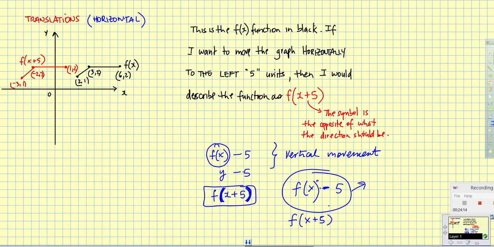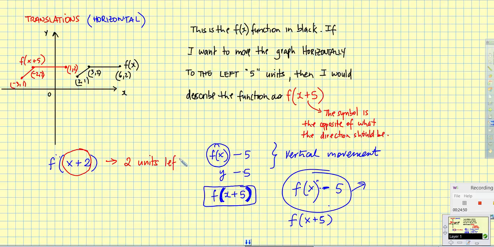So if I had, for example, f of x plus 2, that means that because the 2 is inside the x, and it's affecting only the x because it's inside the parentheses, my graph, whatever my f of x graph is, is being moved 2 units to the left.